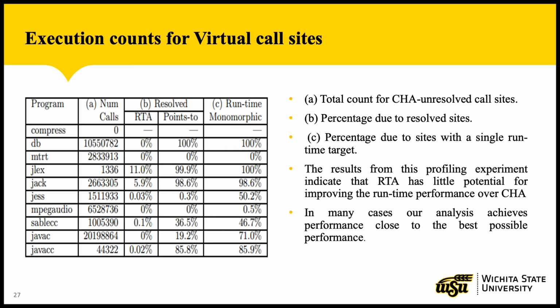These percentages are shown in column B. Higher percentages indicate higher potential for performance improvement. The results from this experiment indicate that RTA has little potential for improving the runtime performance over CHA.